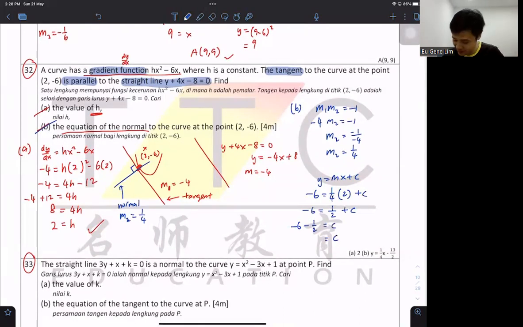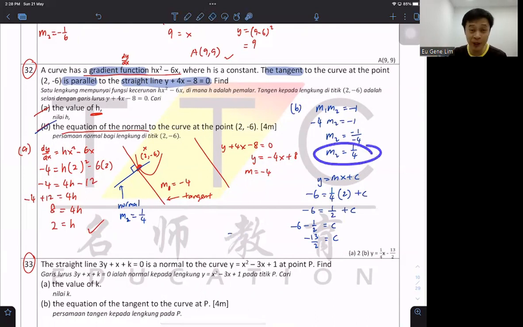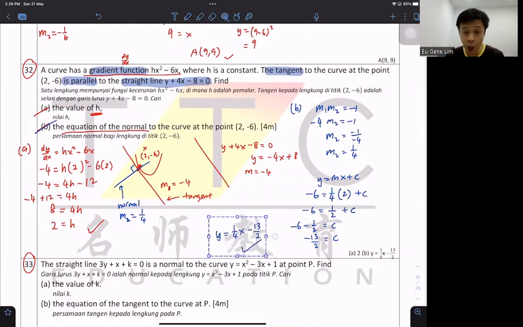Press calculator, negative 13 over 2. So the equation is y equals 1 over 2x. Sorry, 1 over 4. m2 is 1 over 4. So y equals 1 over 4x minus 13 over 2. That's the answer. That's the equation of the normal.